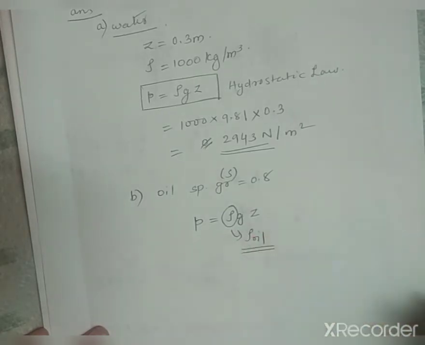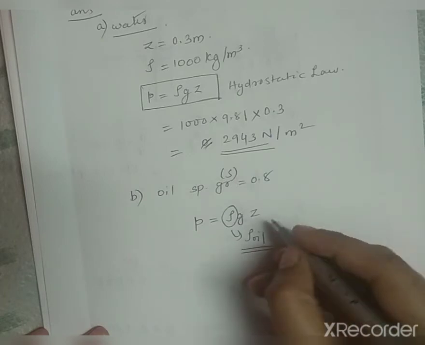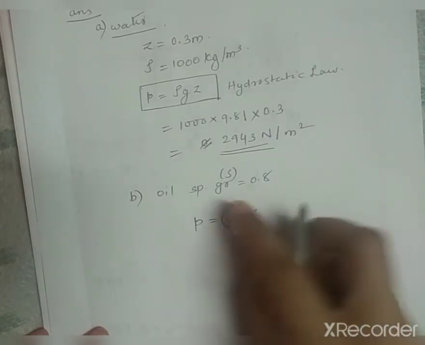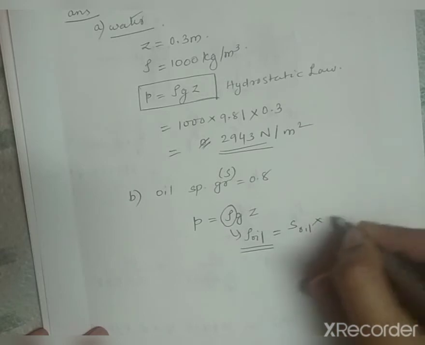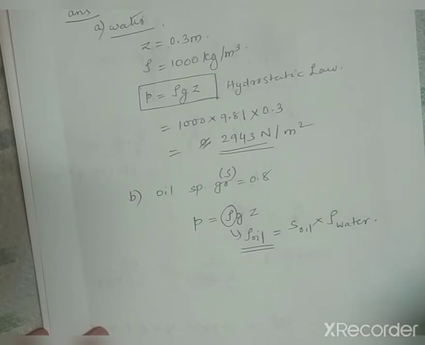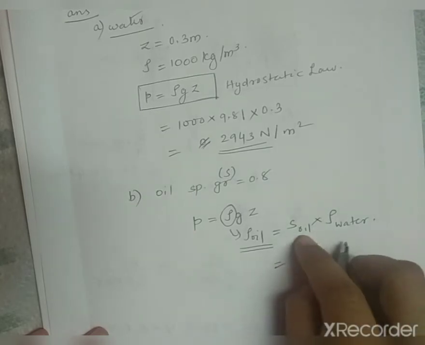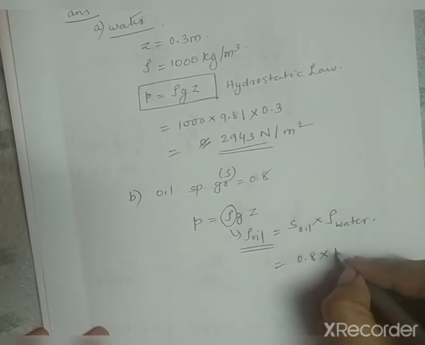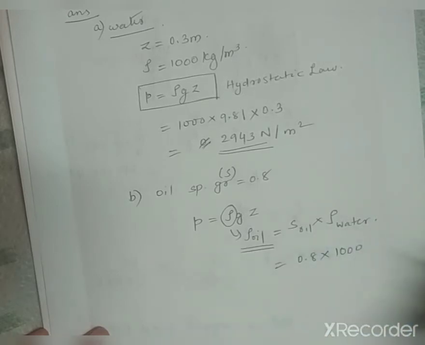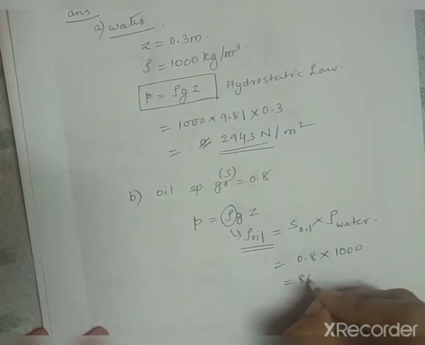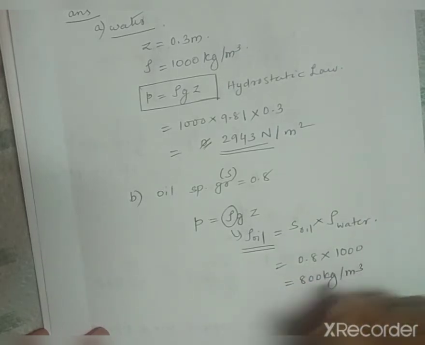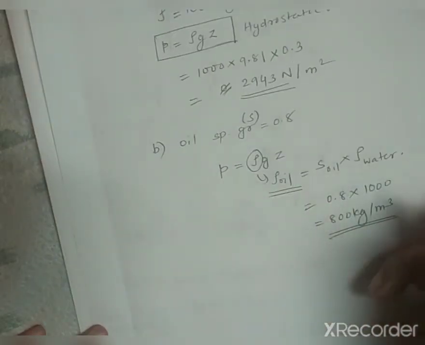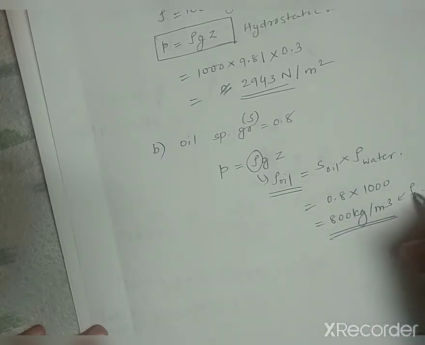So this rho should be rho of the oil, that is density of the oil. How to find out the density of the oil if specific gravity is known? So rho oil is equal to specific gravity of the oil into density of water. This we have learned in the earlier session. So specific gravity of the oil is 0.8 into rho of water, 1000 kilogram per meter cube. So we will get 800 kilogram per meter cube. This is the density of the oil.